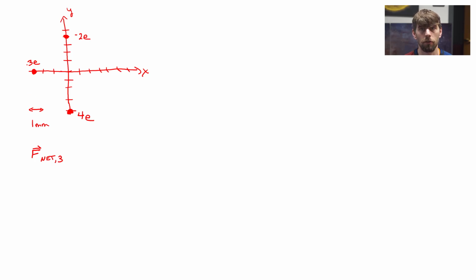Okay, so the 3e charge. And you could put in here due to the negative 2e and the 4e. In other words, using the negative 2e and 4e as the surroundings which influence the system. So this one's the system.